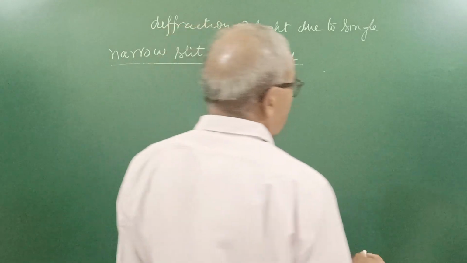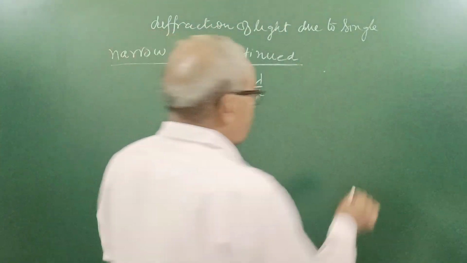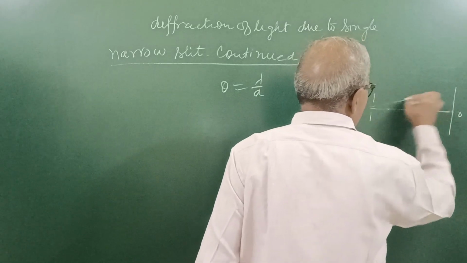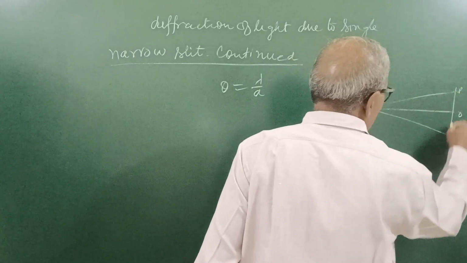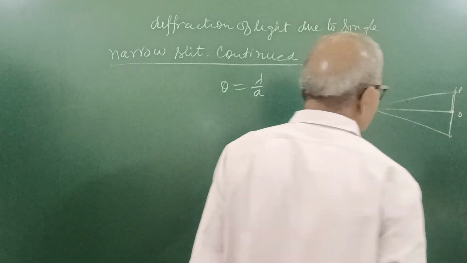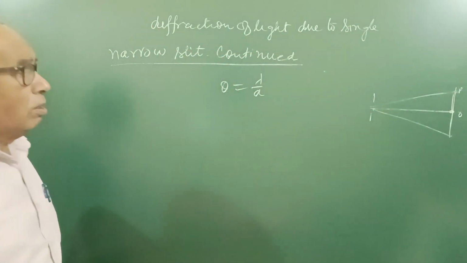So here, I told you, here was the slit, and there were the points O and P. Here we get intensity maximum and then decreasing.